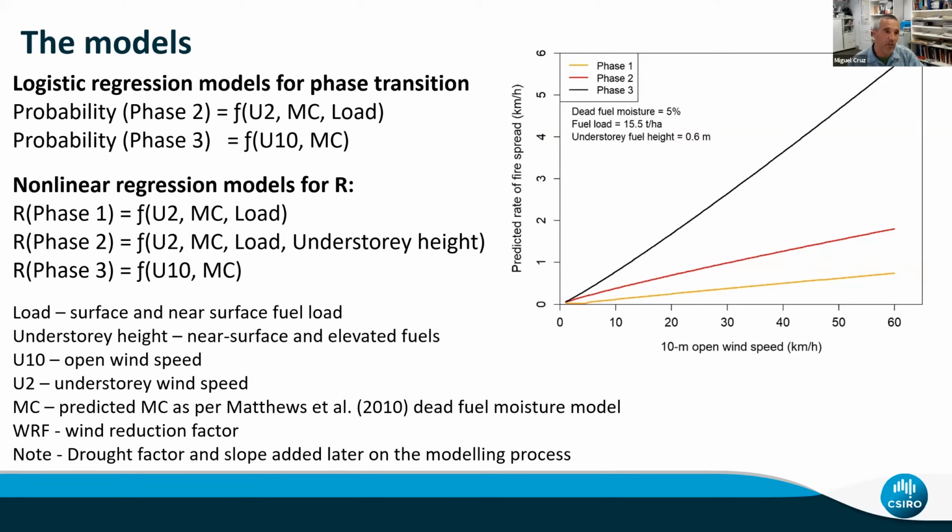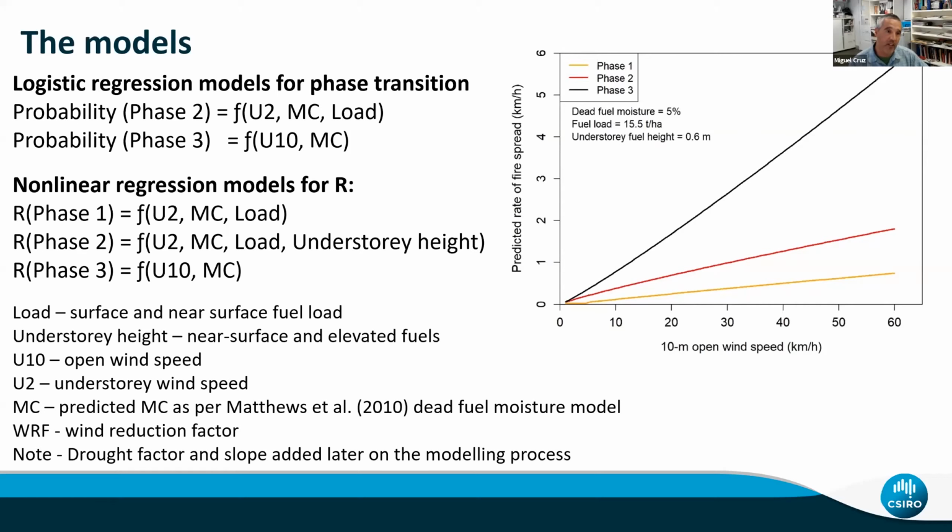The rate of spread models, which for phase one is the model that gives rate of spread based on wind speed in the understory, moisture content, and again, fuel load. So we know that for slow spreading fires, it is really the fuel load on the surface fuel and near surface fuel. The phase two rate of spread model also has the effect of the understory height.